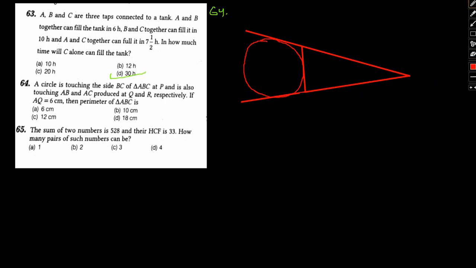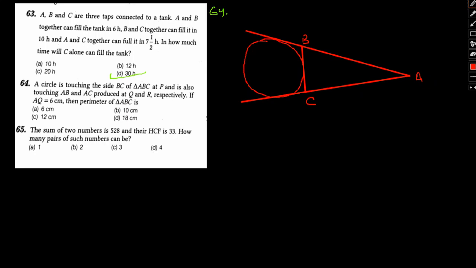Now what's given? The circle is touching side BC. So this is BC, this is A, B, and C. Till when is it extended?